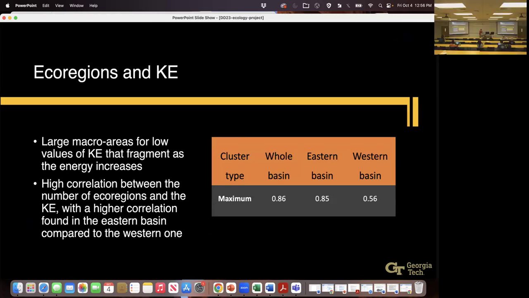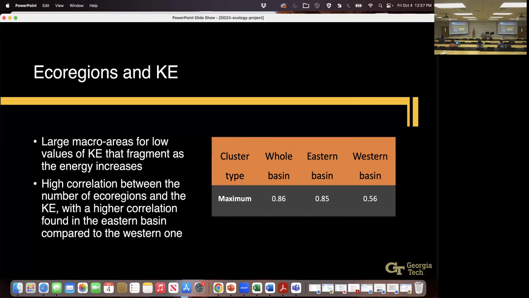And so we find the ecoregions for those 3 periods. And essentially, we also find that the number of ecoregions is very different in the 3 periods, and that there is a very strong correlation between what happened, especially in the Eastern Basin, and what the energy was.